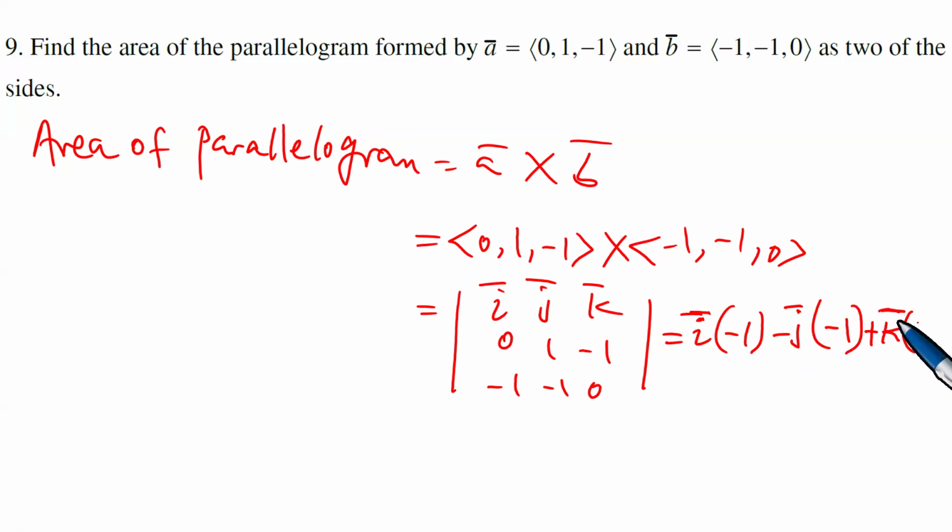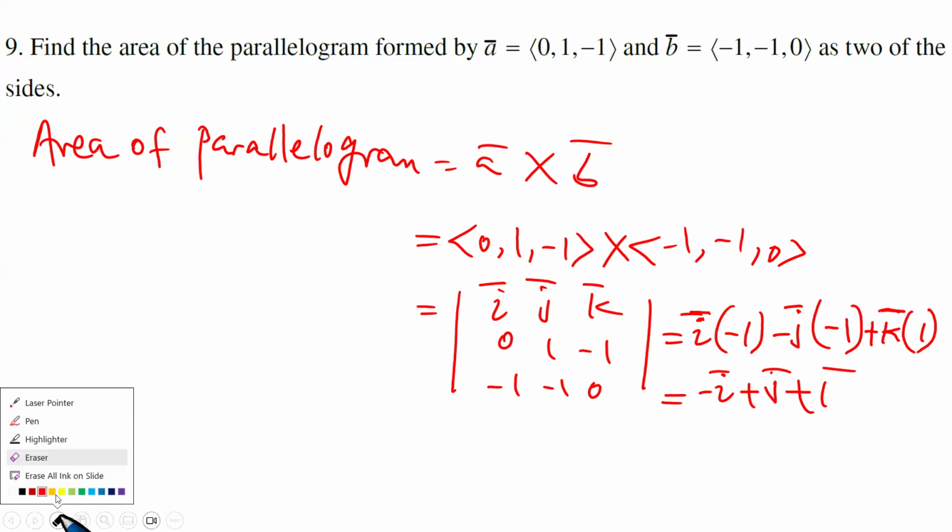You get exactly a 1 here. So this would be minus vector i plus j plus unit vector k. This is actually what we're getting.